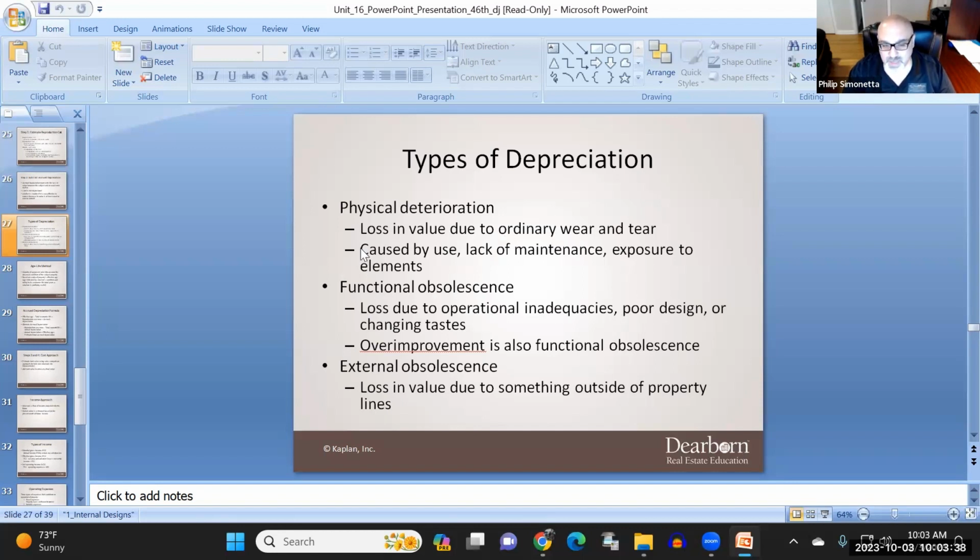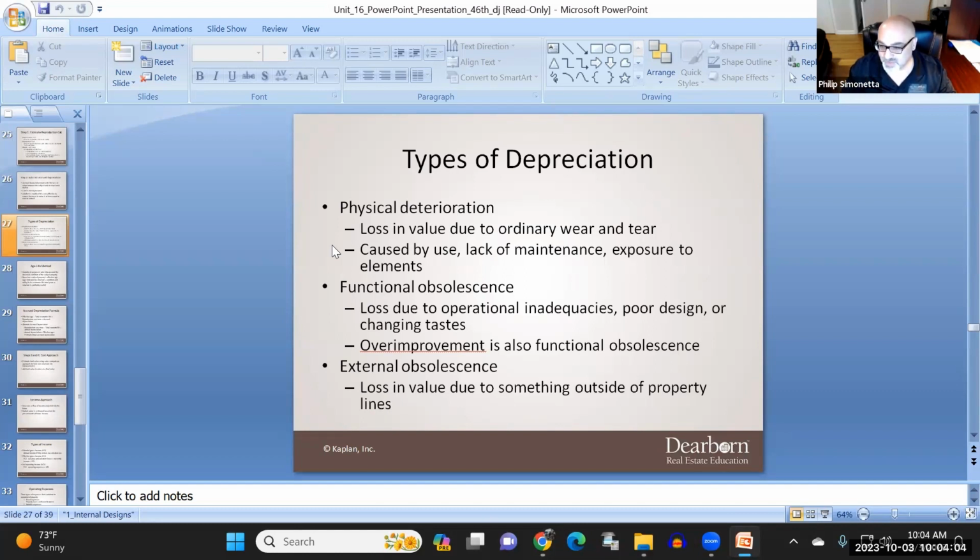You have functional obsolescence. You've got to remember this. Functional obsolescence is loss due to operational inadequacies, poor design, or changing tastes. Over improvement is also a functional obsolescence. If you put all this money into the house and make it like the Taj Mahal, and the neighborhood, you're never going to get that money out of it because you put so much money into it.